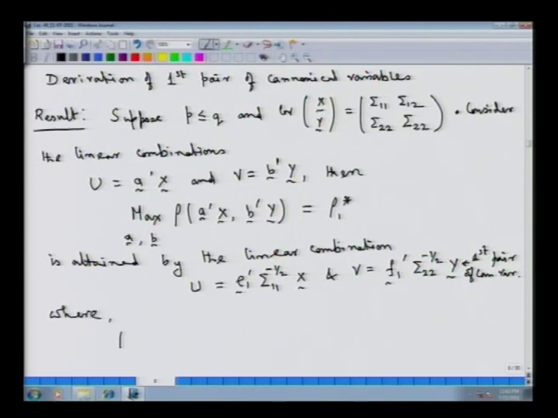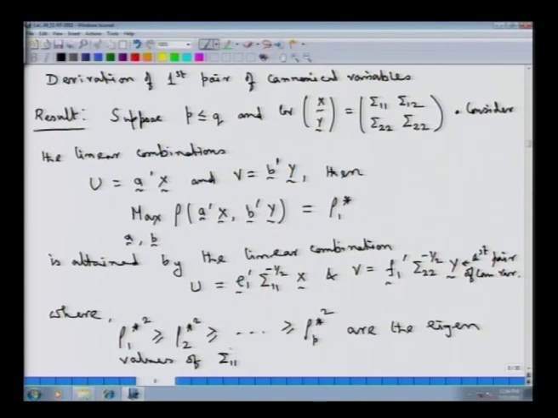where rho 1 star square is greater than or equal to rho 2 star square, greater than or equal to rho p star square, are the eigenvalues of that A prime matrix, which is sigma 1 1 to the power minus half, sigma 1 2, sigma 2 2 to the power minus 1, sigma 2 1, sigma 1 1 to the power minus half.